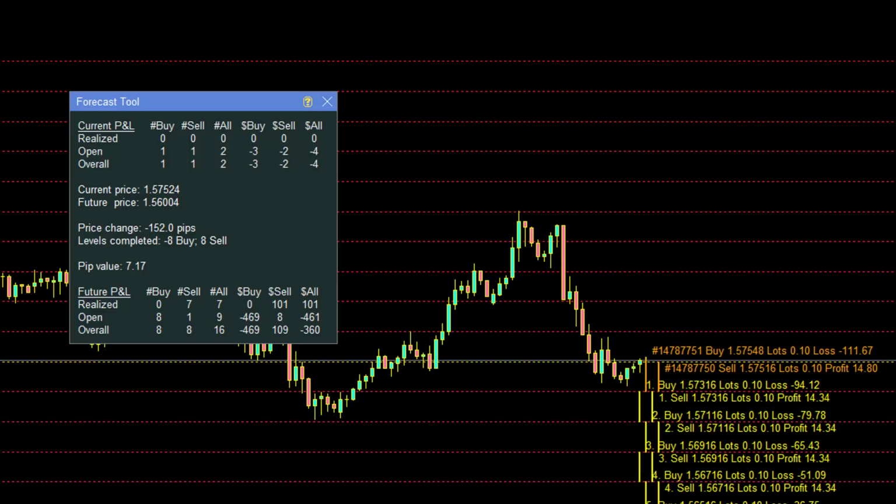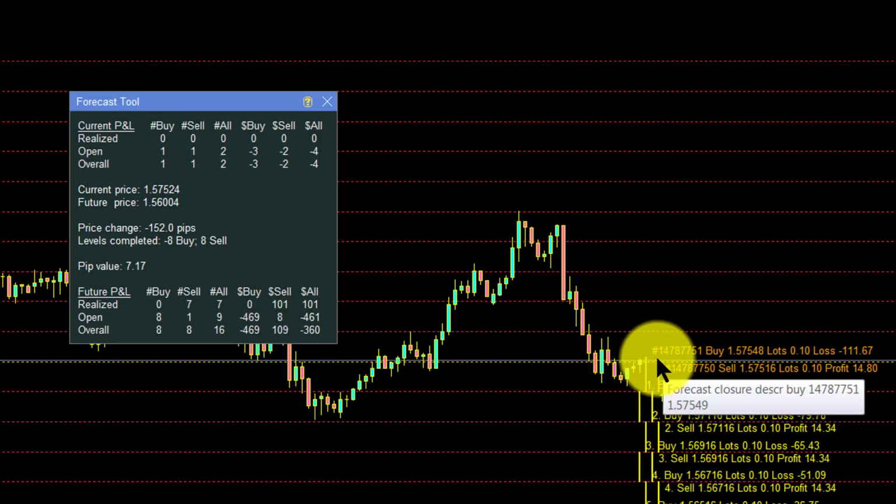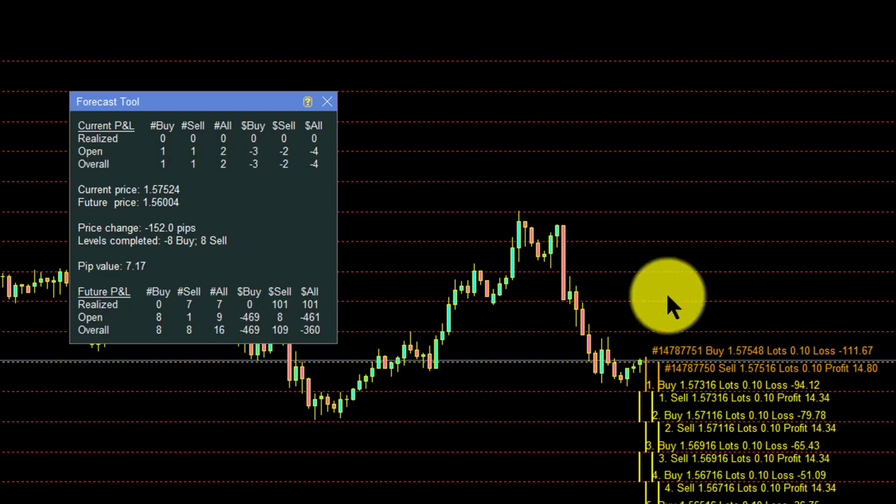The other thing is you can use this tool with a whole number of open deals. So even if you have, let's say, 10 open deals running at the moment, this table takes the current profit and loss into account, and then it will say, all right, let's look at what will happen if the price goes here, or there.